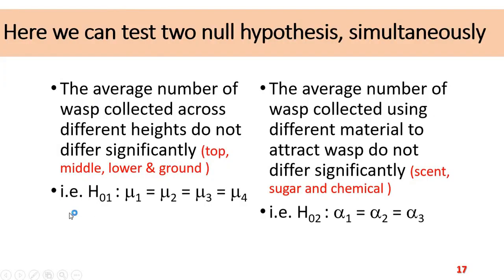Now these are the null hypotheses. One null hypothesis is to compare between the levels, like top, middle, lower and ground. The other is to check whether the materials used, sand, sugar and chemical, are all equal in terms of the number of wasps caught, or they are different. So these are the two null hypotheses which are tested.